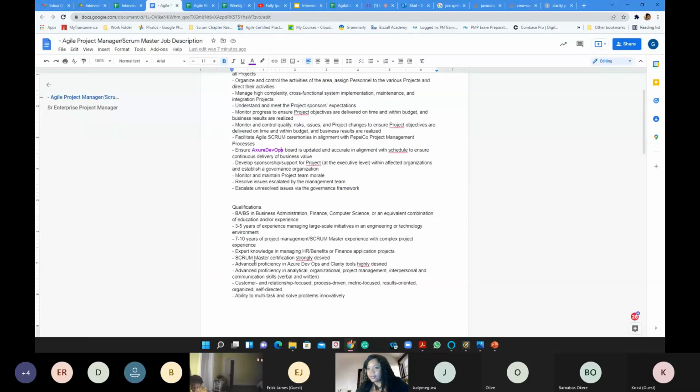Now, let's go down. You will see that this Scrum Master training is very important. Scrum Master certification is strongly desired. You see that they didn't say PMP, even though it's project management. They want you to be Scrum Master certified. Advanced proficiency in Azure DevOps and Clarity. Oh, I talk about Clarity without knowing that they have it.